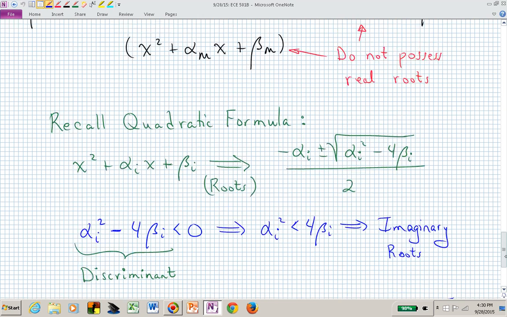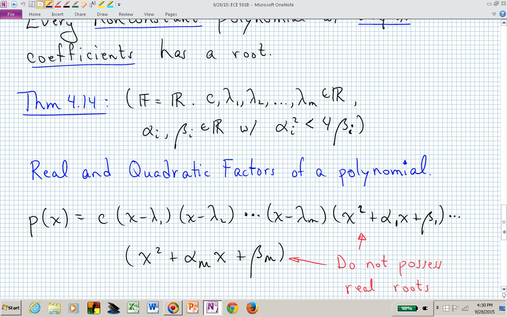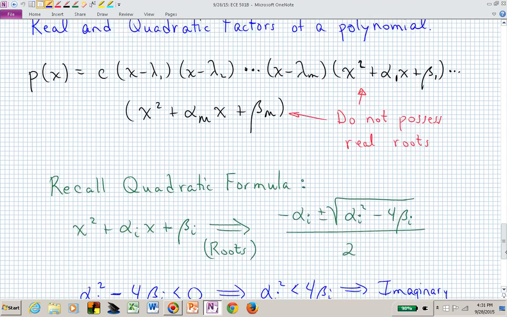In this theorem 4.14, this is saying that if alpha sub i squared is less than 4 beta sub i, then those are not factored into real roots or linear factors with real roots. If that's the case, then these quadratics can't be reduced in size or in order. We have to stick with quadratic.